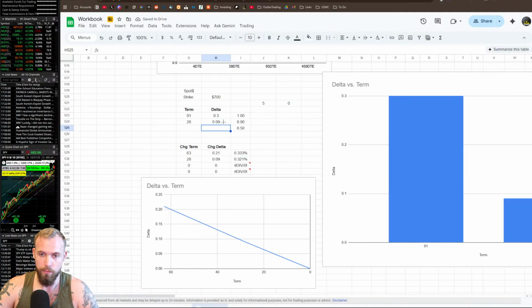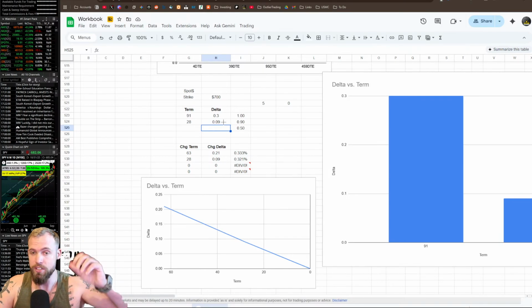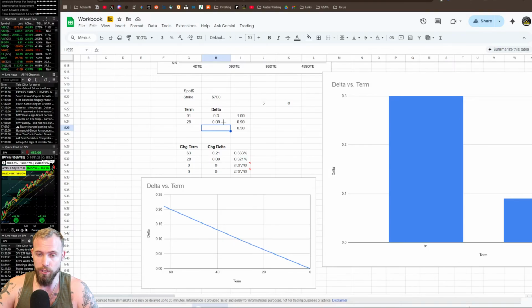Huge change. So this is a deciding factor. If I'm trading a ratio call diagonal, I can tell you exactly what I'm not going to do. I'm not going to buy an option that's 91 days out at a 30 delta, planning to hold it for 60 days. Not doing that.